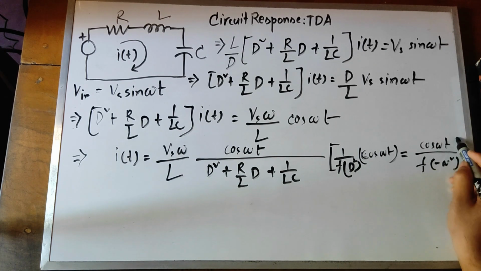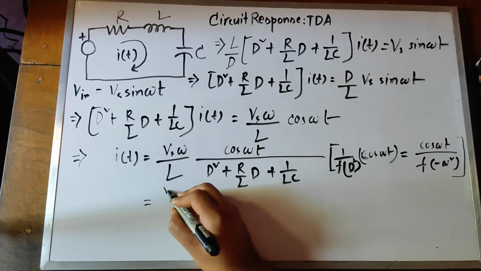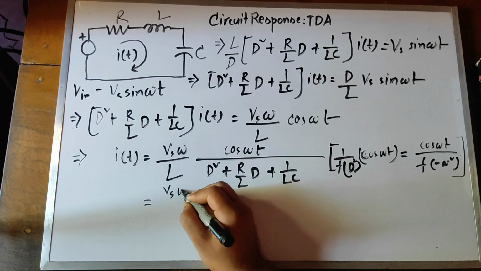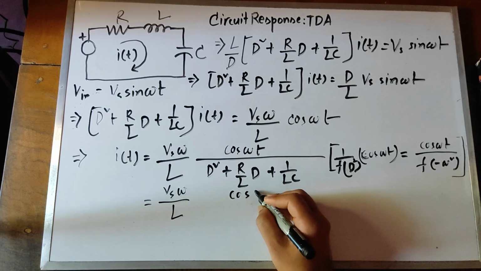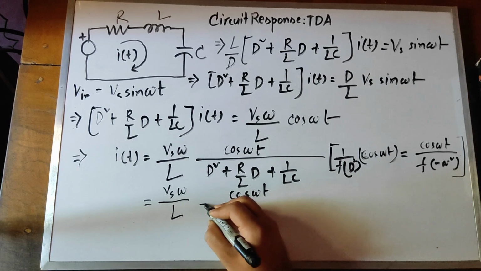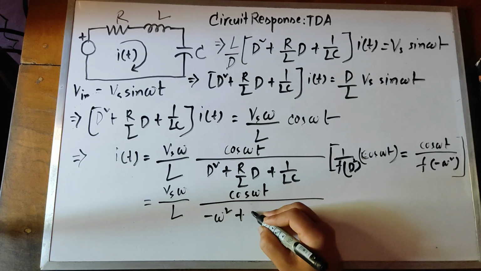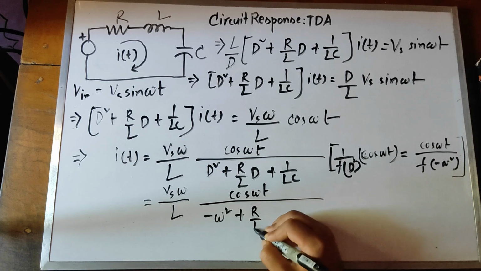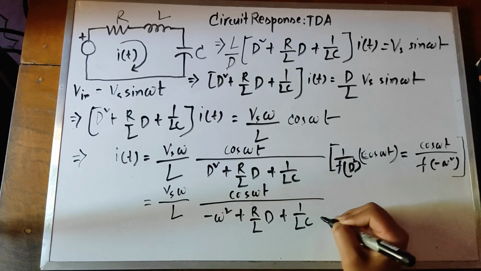So this is a basic formula. I'm gonna use this. So Vs omega by L, cos omega t by minus omega squared plus R by L D plus 1 by LC.